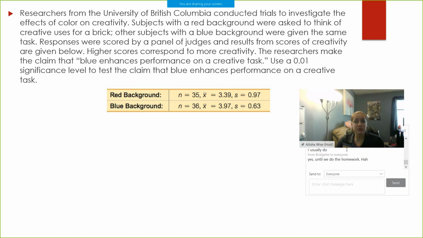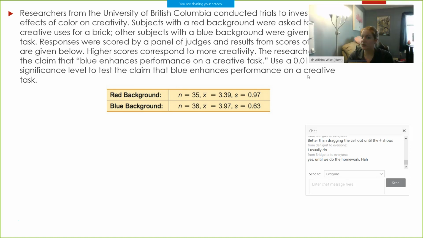Responses were scored by a panel of judges and results from scores of creativity are given below. Higher scores correspond to more creativity. The researchers make the claim that blue enhances performance on a creative task. Okay, so they're saying if you see blue, you're more creative. Now, use a 0.01 significance level to test the claim that blue enhances performance on a creative task.